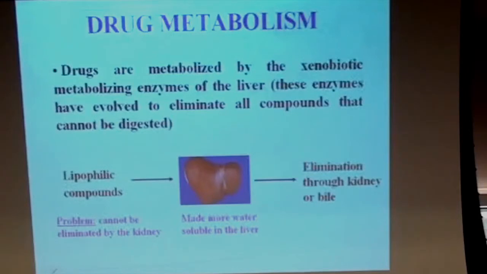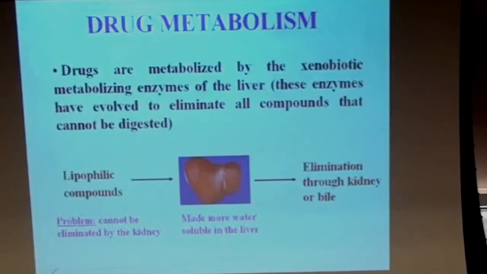Our major metabolizing organ is the liver, and the thing to realize about the liver is that its function is not to metabolize drugs. The function of the liver is to turn anything that we can't digest, anything that is not a carbohydrate, a protein, or a fat, into something that is more water soluble so that we can eliminate it.